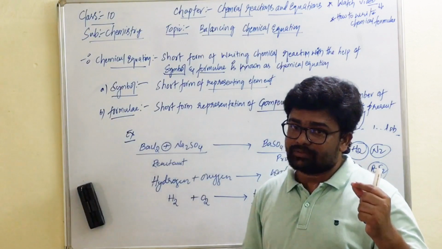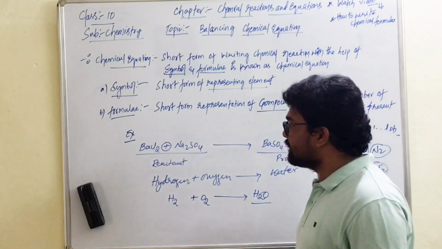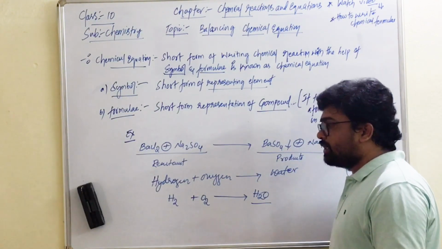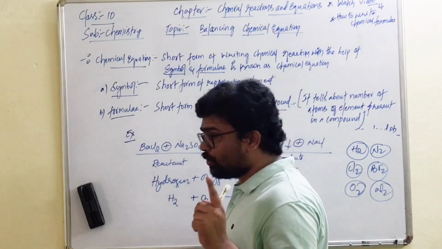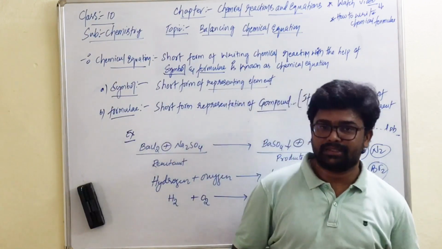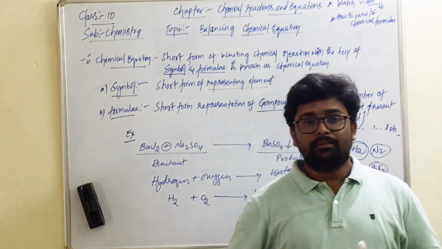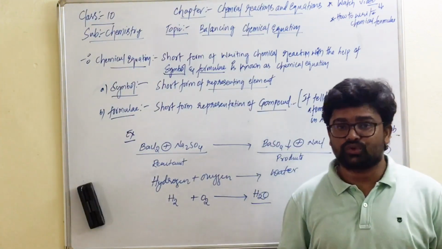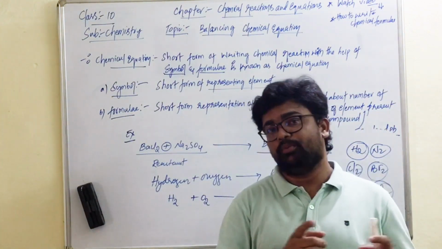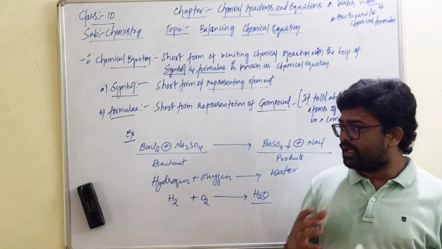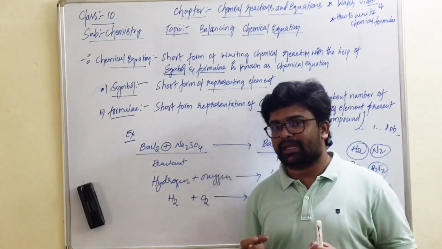Then a question comes: why do we need to balance a chemical equation? We need to balance according to the law of conservation of mass, right? Mass is neither created nor destroyed but can be transferred from one form to another. In a chemical reaction the ultimate particle is an atom.